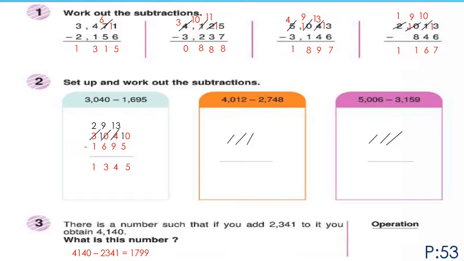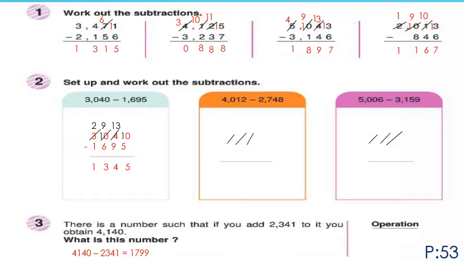So the 0 in ones place value, we cannot take out of it a 5. So we want to borrow from the 4, which is in the tens place value, so that 4 will become 3 and 0 will become 10.